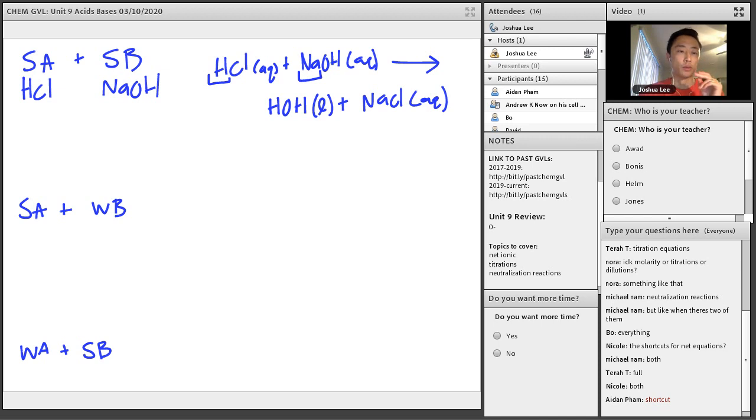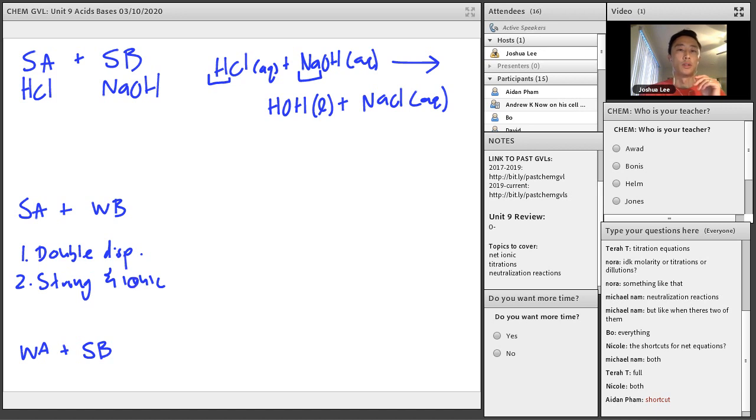So I'll write the rules right here, I guess. Double displace. Step 2 is break up strong and ionic things.